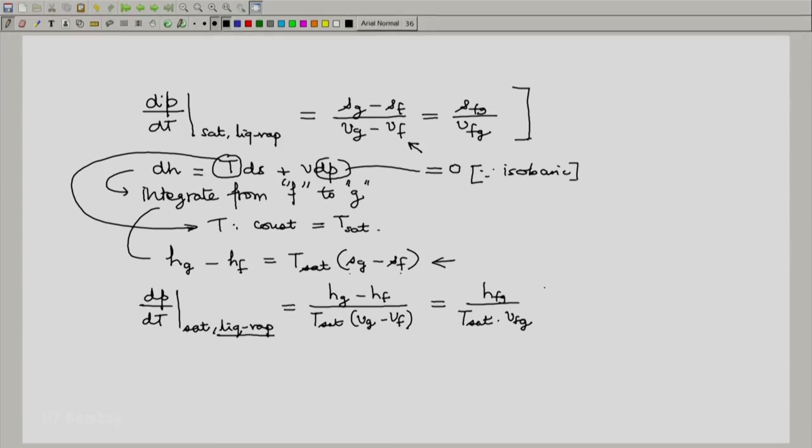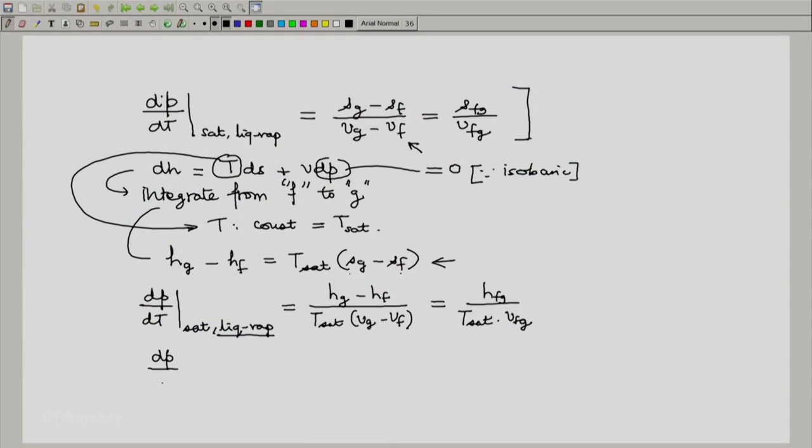We can apply the same principle to, say, the solid liquid saturation line, and if you follow the procedure, you will get dP by dT for the saturation line between solid and liquid. Now, here I will use S for the solid phase and L for the liquid phase, instead of F for the liquid and G for the vapor in the liquid vapor case.